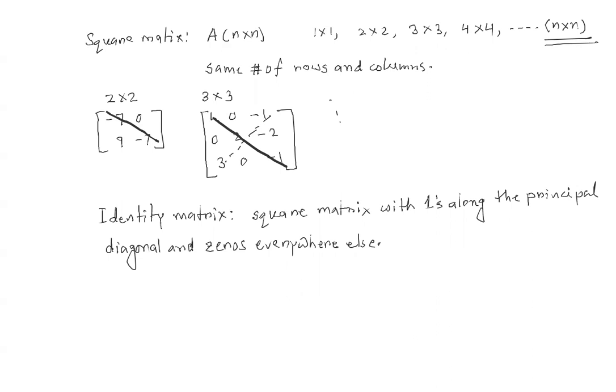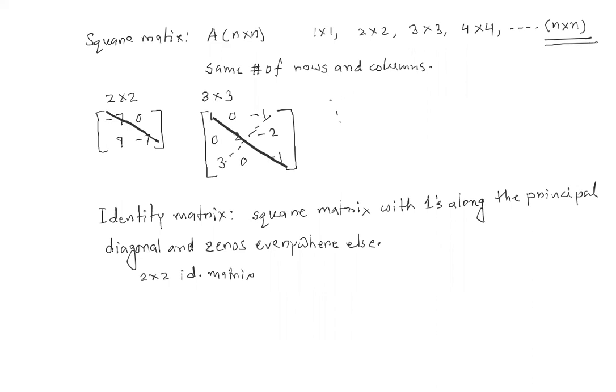Mainly, we never use the other diagonal. Most of the time, we use the principal diagonal, which goes from the top left to the bottom right corner. So an identity matrix, a 2 by 2 identity matrix.